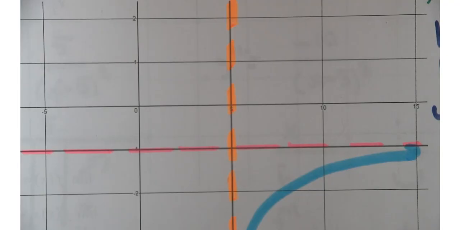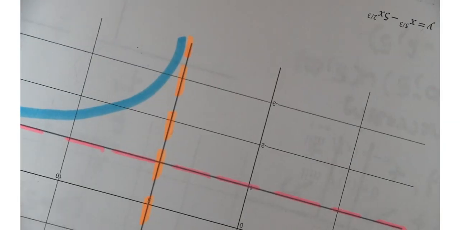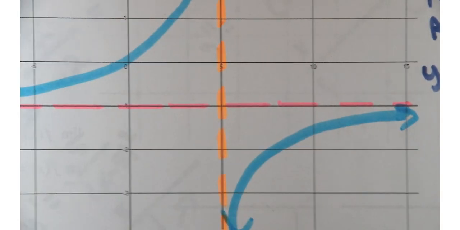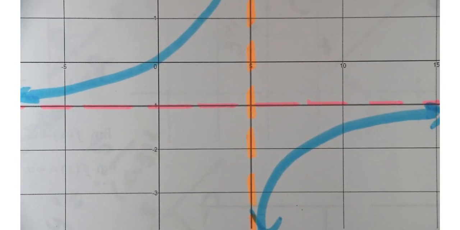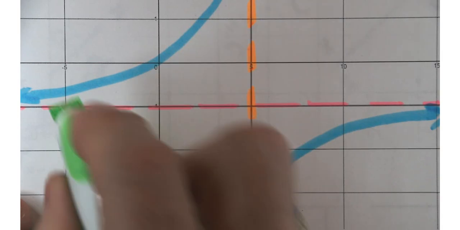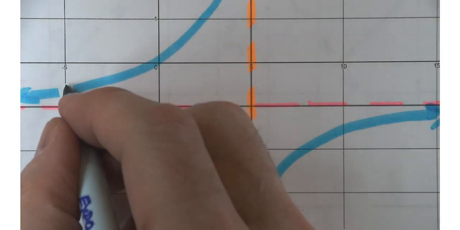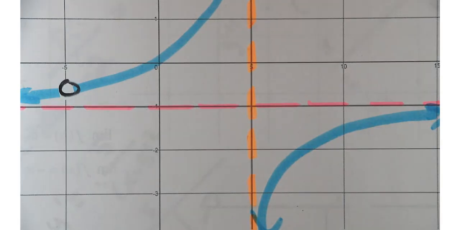All right, so something like this. So I've got the big features of this graph, except right here, I need to put a little hole. You can actually find the coordinates of that hole.